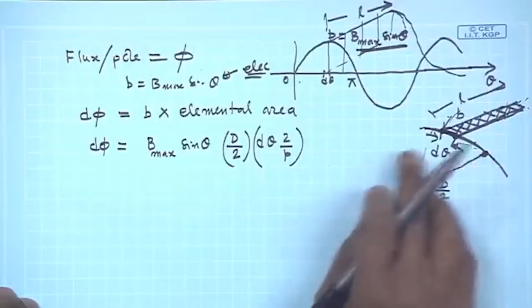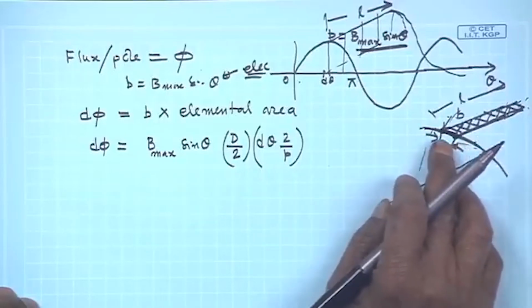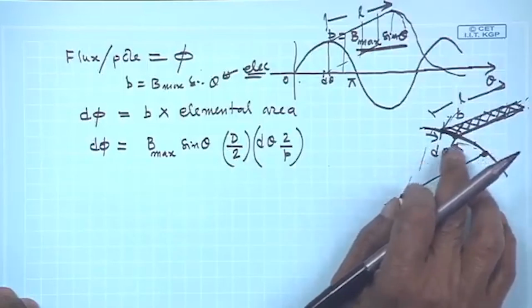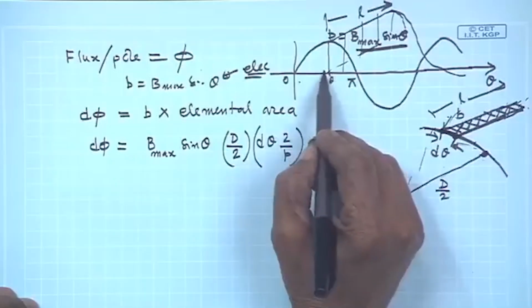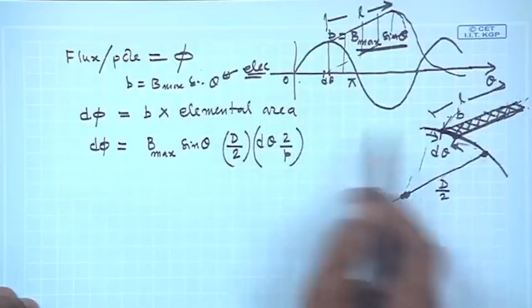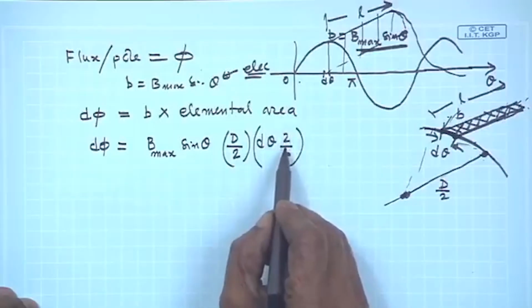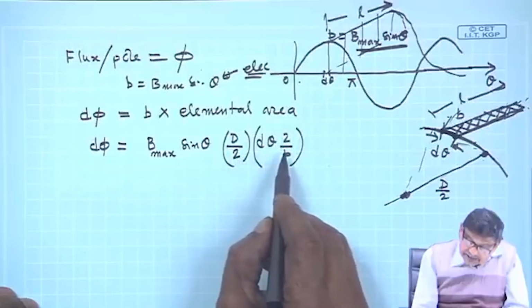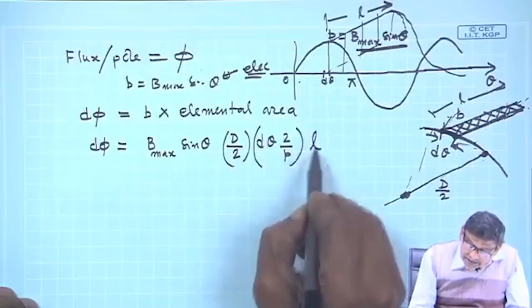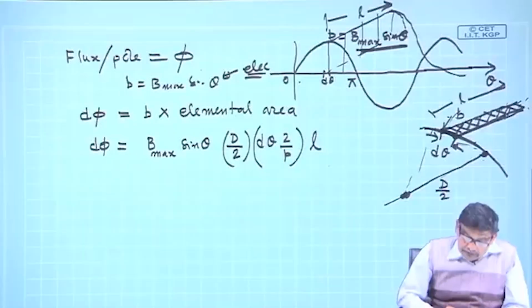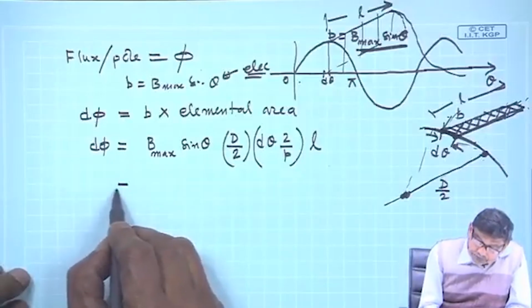So D by 2 into this d theta, but this d theta is in electrical angle, because whatever theta you show here is electrical. So convert it to mechanical, d theta into 2 by P, and then multiply it by L, and that will give you the elemental flux.